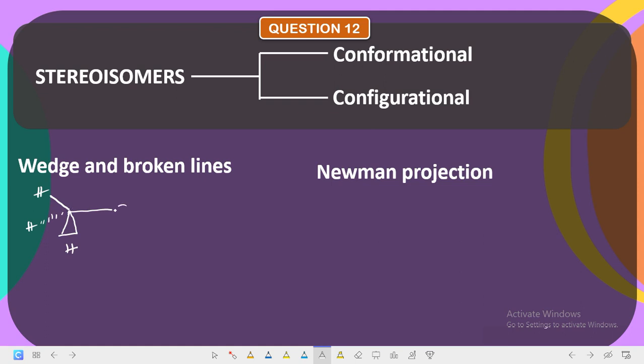So you have another one in such a way that you have the broken lines coming here, hydrogen, and then you have the wedge. So this one is called the wedge and broken line representation. Each of these points has a carbon atom in it. Normally there ought not to be carbon here, so that we wouldn't be introducing carbon where it ought not to be. So we have something like this. This is hydrogen, and so on and so forth.